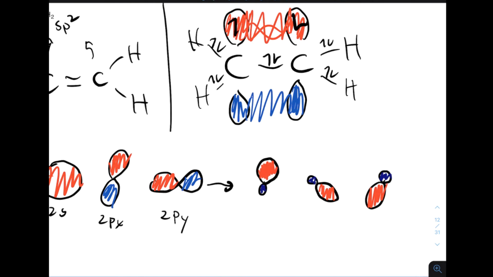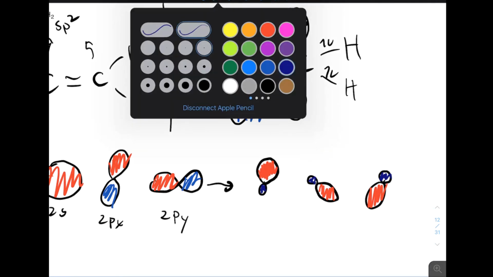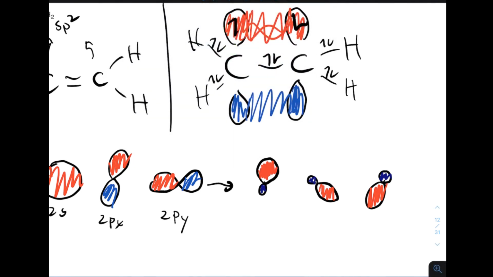Right, and again, 3 atomic orbitals, so we have to have 3 molecular orbitals as a result. Okay, so these are all sp2 hybridized molecular orbitals. And the pz orbital, the unhybridized one, is occupied in doing pi bonding with its carbon partner.